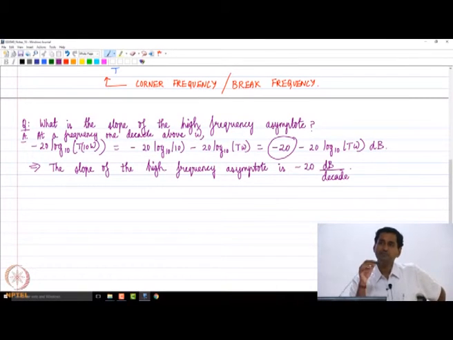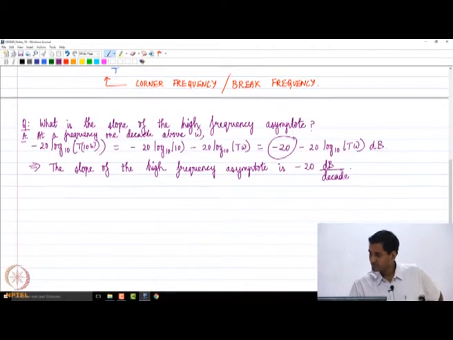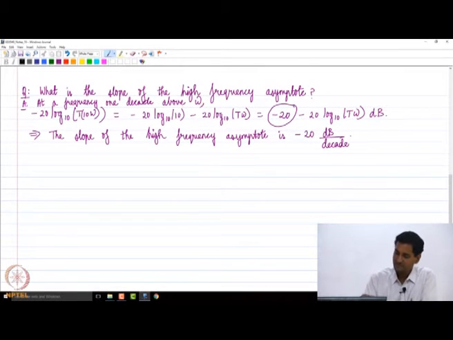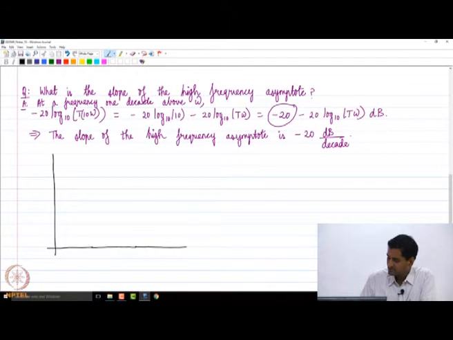So of course, what is the slope of the low frequency asymptote? It is 0. It is just a flat line in the magnitude plot. So let us plot these two things. Let us draw the magnitude plot, and we will then come to the phase plot. First let me plot the magnitude plot.